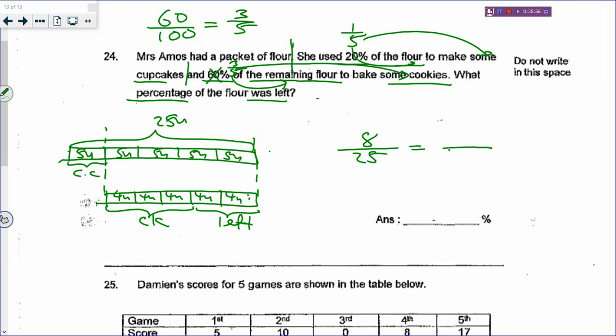You make the denominator 100 times 4. And of course, on top, you also times 4. And that's how you get 32. So once your denominator is 100, then your percentage will be 32%. And that's how you get the answer just now, 32%. Now let me just have a quick check. Yes, the answer is correct.